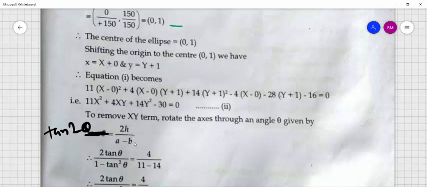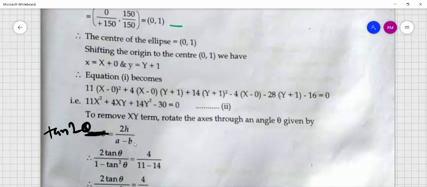In the revision topic at the start of this lecture, we already discussed tan 2 theta equal to 2h upon a minus b. So just substitute the values of h, a and b. We know 2h equal to 4, a equal to 11, b equal to 14. So the right hand side will be 4 upon minus 3.